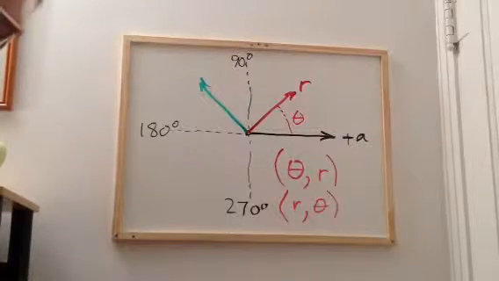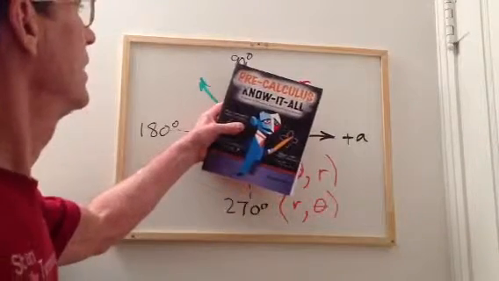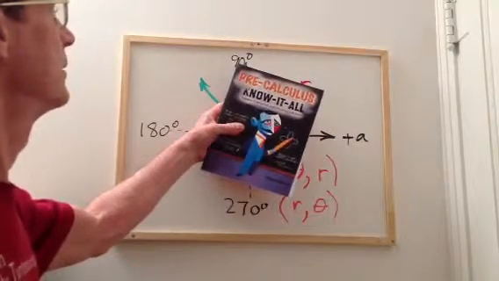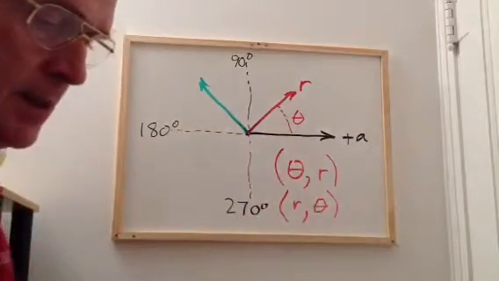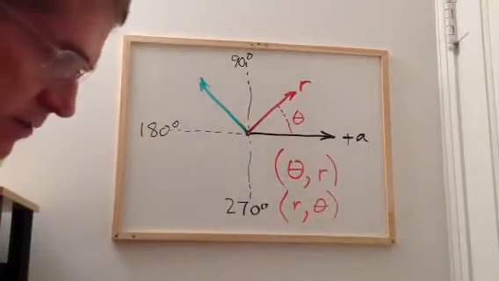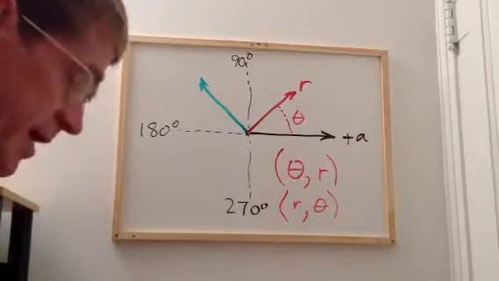If you want to get a little more information about how to do that, you can find it in this book, Pre-Calculus Know-It-All. I'm going to look for chapter 6 begins on page 90.